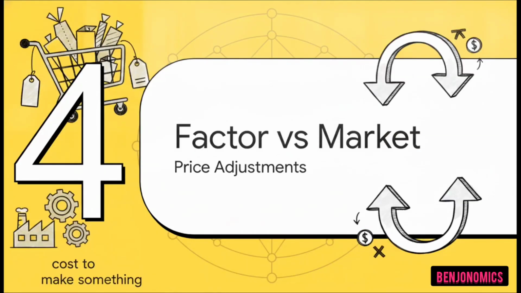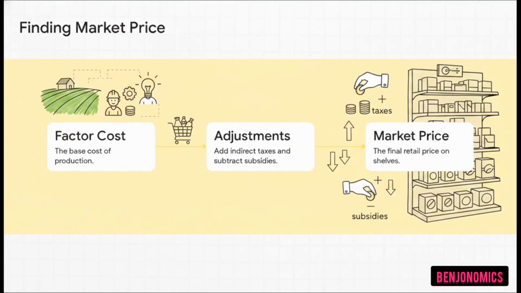Next up is Section 4, factor cost and market price. Time to untangle the nuances of those price tags attached to final goods. See, the base cost of production, paying for that land, labor, capital, and entrepreneurship, is called the factor cost. But when goods actually hit the retail shelves, the final market price shifts.